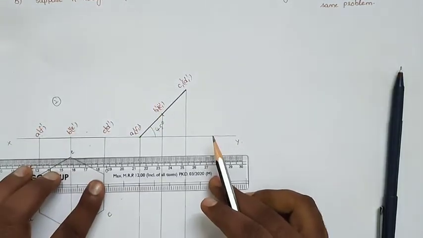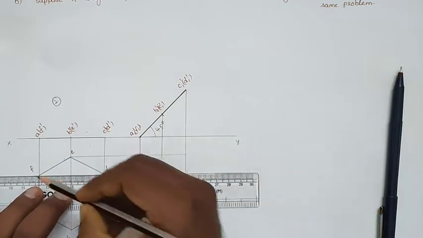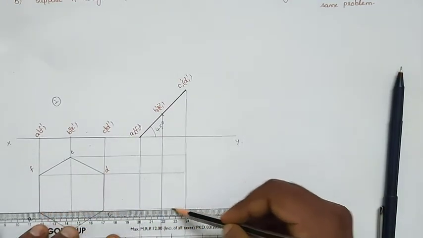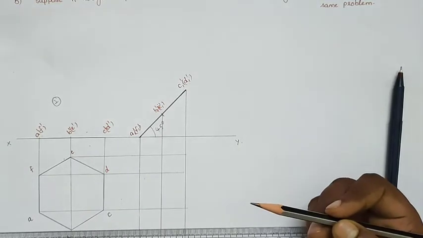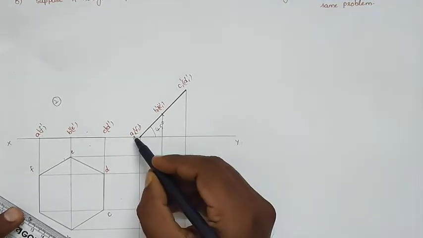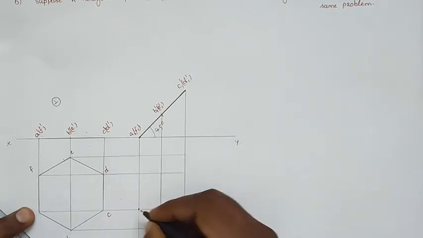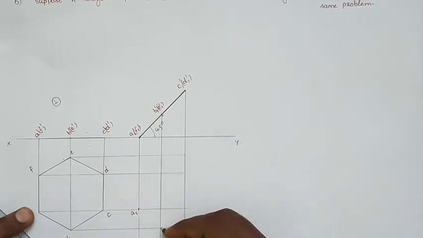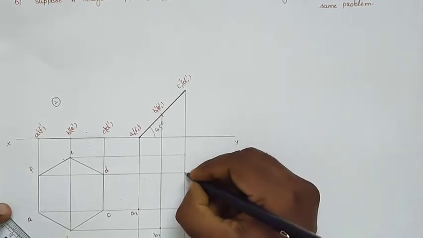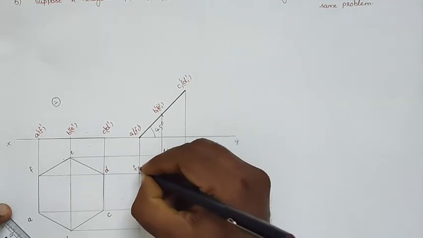Similarly, from the points on the first top view, draw the horizontal projection lines. Locate the corresponding intersecting points, vertical line and horizontal line. So here you will get A1, here B1, here C1, D1, here E1, and here F1.